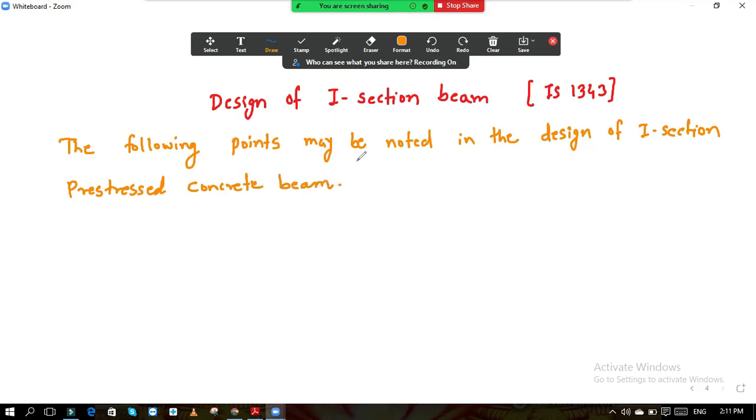The Indian Standard Code of Practice has made the following recommendations.